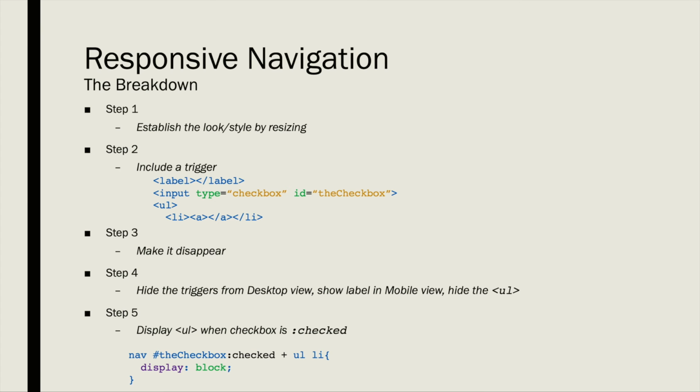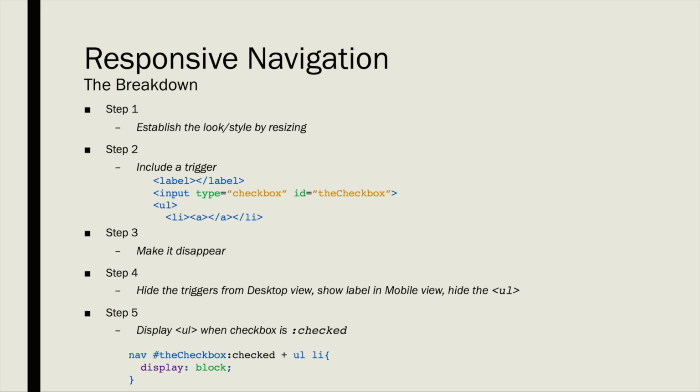So let's break this down. Well, step one is to establish the look or style by resizing, figure out exactly what needs to be done and how to do it. Step two is to include a trigger. You set up a label, you put the input right after the label, and you can have this ID be whatever you want because this is going to be the checkbox. And then below that, you have your standard navigation.